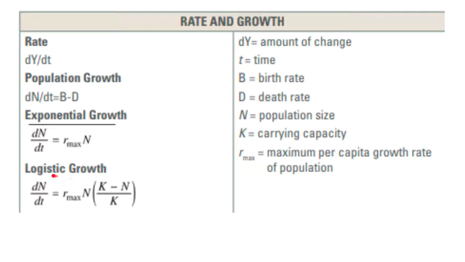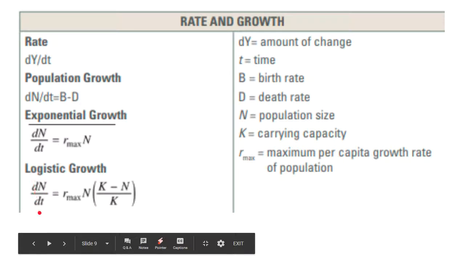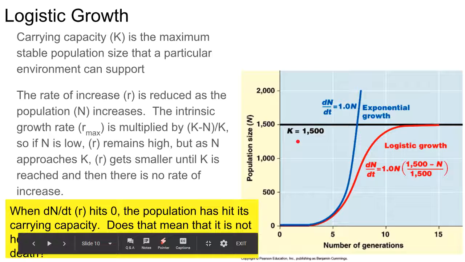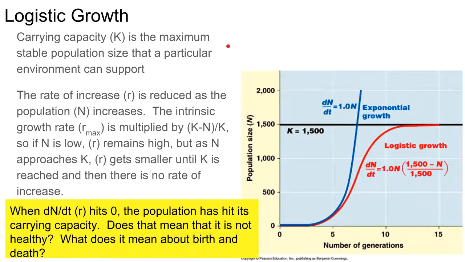Now we're going to get into this thing with logistic growth. So if we're looking at the growth rate here, we are using the population size, which is represented with an N, and we're introducing this K, and K stands for carrying capacity. So if we look at this, the carrying capacity is the maximum stable population size that a particular environment can support.